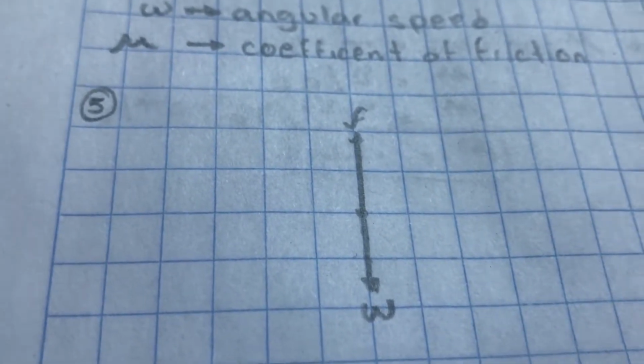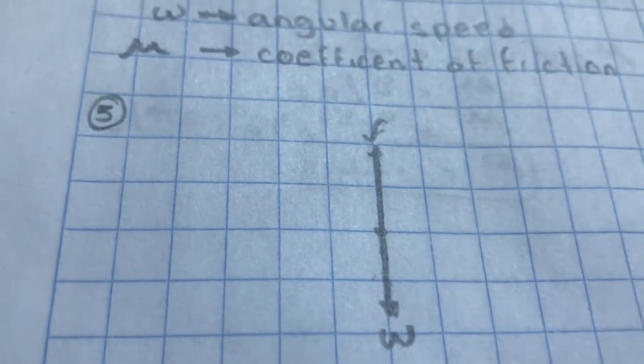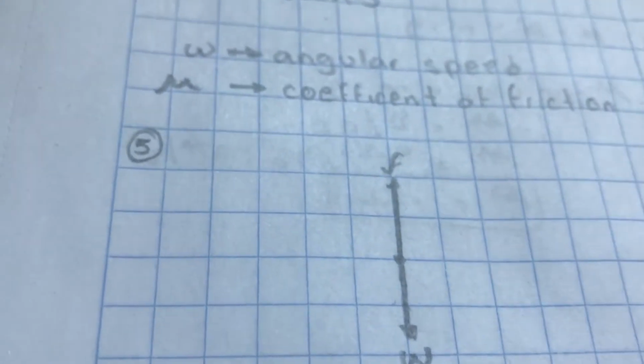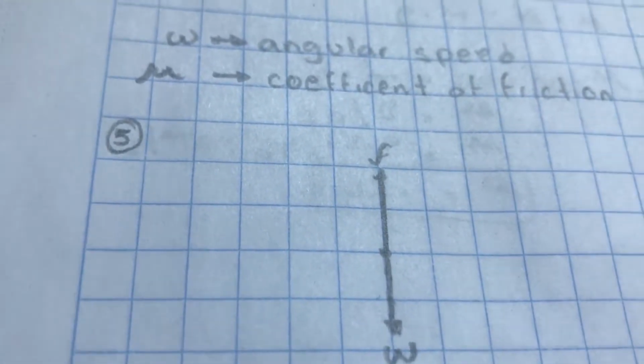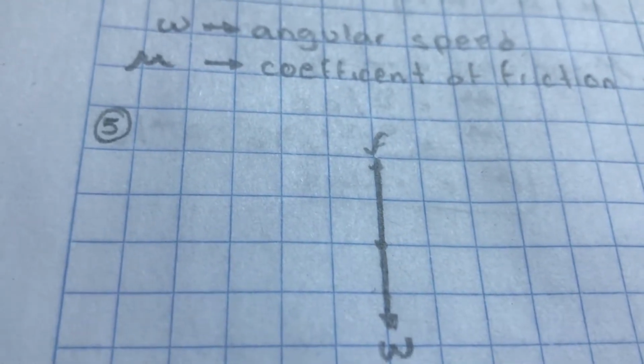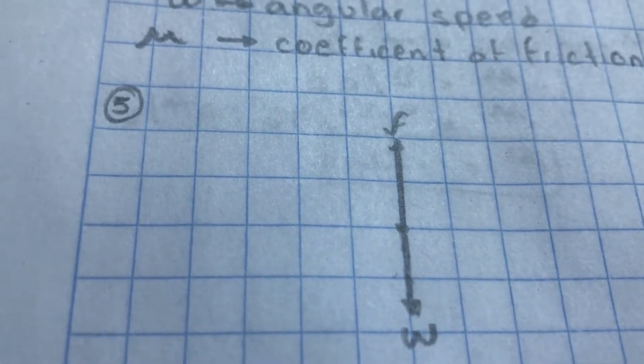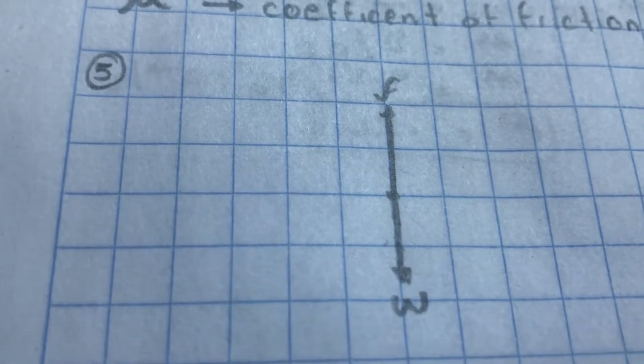That is the reason the person doesn't fall. This centripetal force makes the person not fall and stay in equilibrium on the wall.